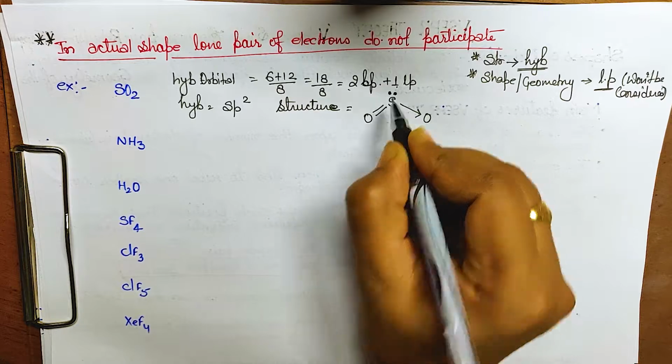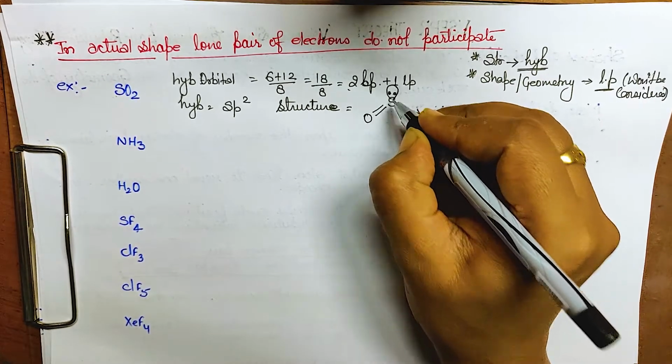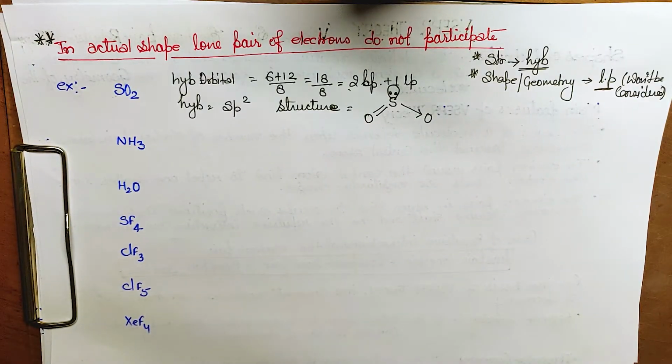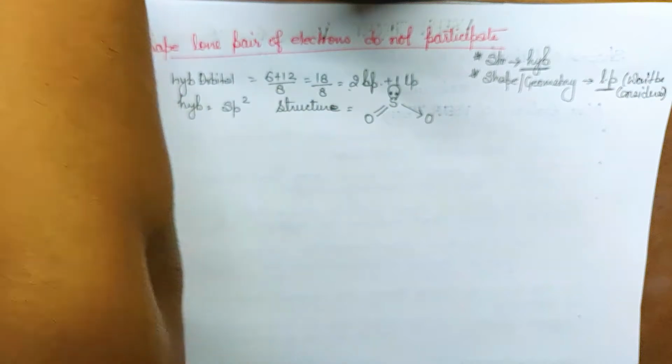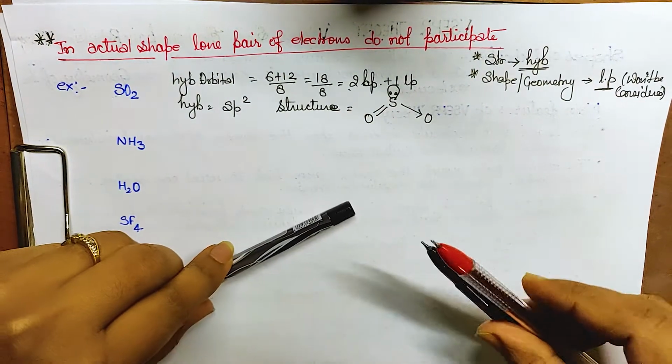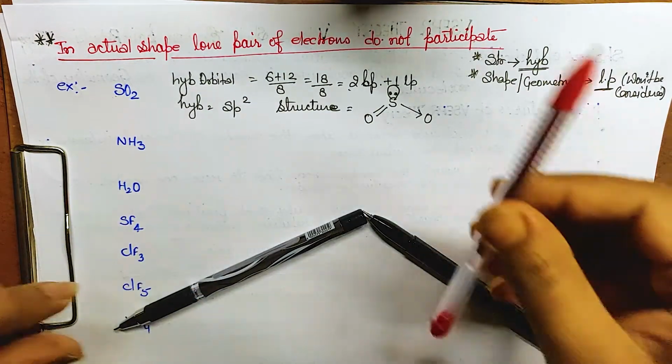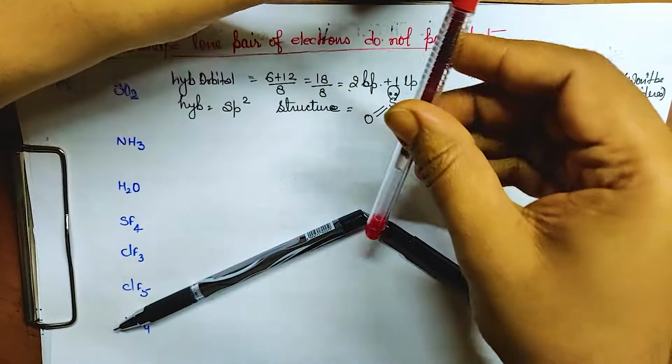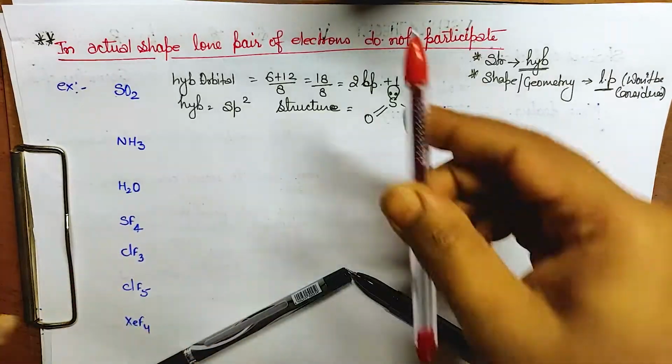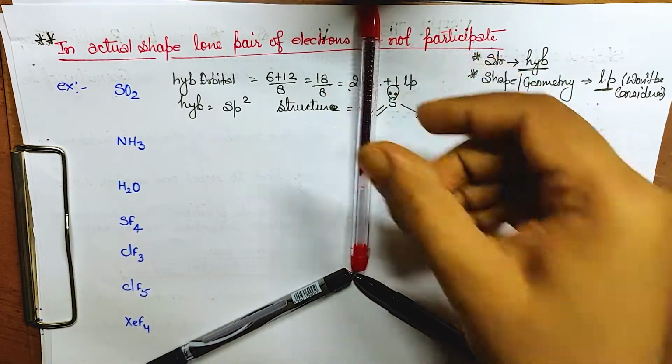So due to this lone pair, the lone pair will be on the third position. That means the structure will be triangular planar. Yes, triangular planar is somewhat like this. This is the, you can see, and another is like here. Yes, let me make it like this. Okay, any problem?